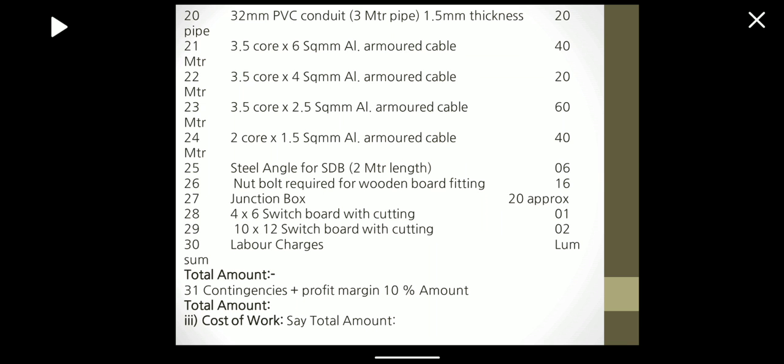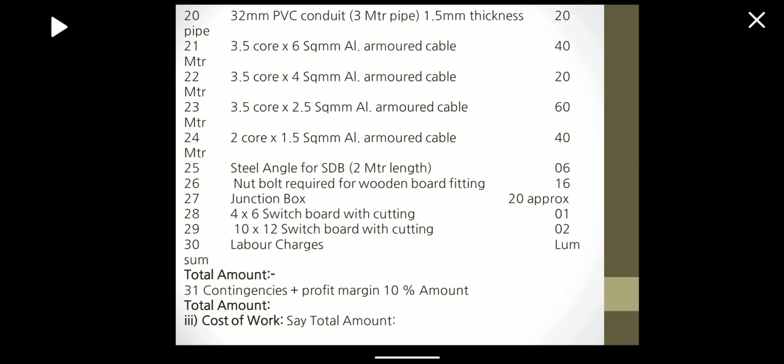These cables depend on the current rating and the HP of the motor. Then the steel angle for SDB, 2 meters in length. Then nut bolts required for fitting the wooden board, and a junction box. Then a 10 by 12 switchboard with cutting, and the last item is labor charges.